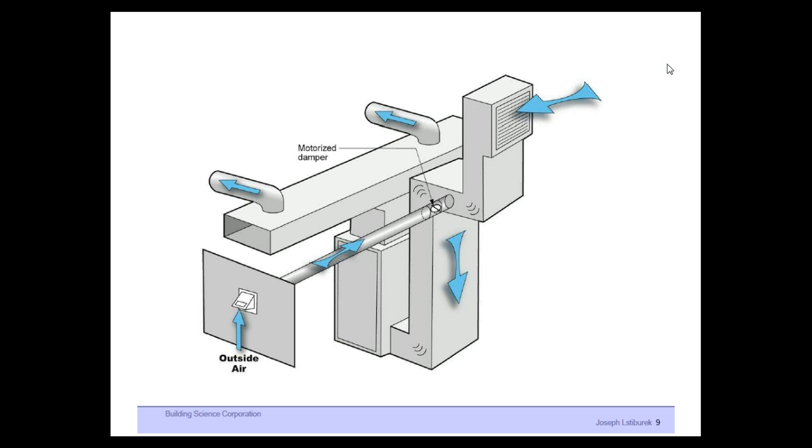A more brutal way of doing it, not as elegant, would be to have outside air coupled to the return side of the air handler, where the air handler is always operating at a fixed speed, and that is coupled with exhaust fans that are also continuously operating.